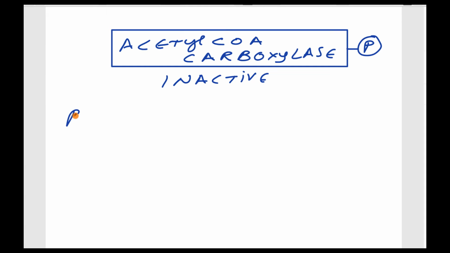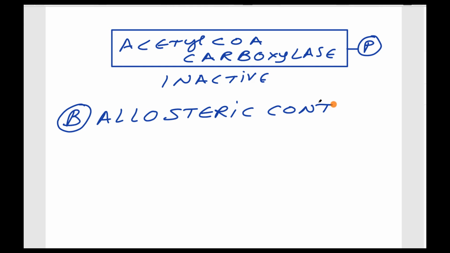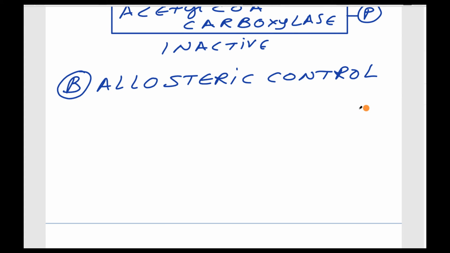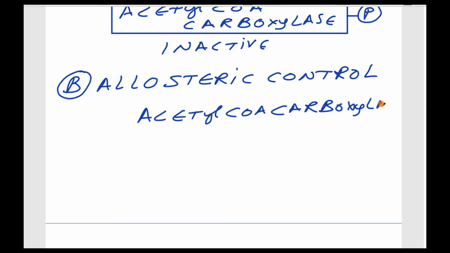What is the next one? Allosteric control. The first one is covalent modification, the next one is allosteric control. Acetyl coenzyme A carboxylase, the crucial enzyme, is inhibited by palmitic acid.